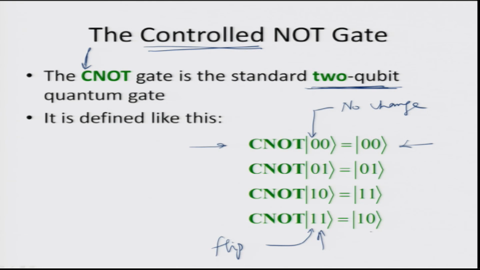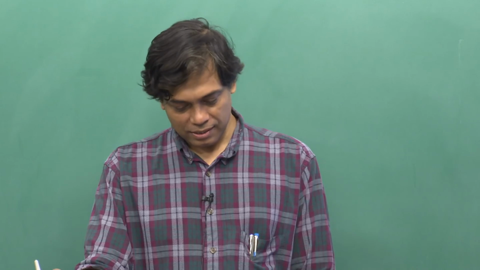So, that is why it is a control NOT. So, the state of the first, if it is going to be 1, will give rise to a flip. If it is going to be 0, it will not make any changes, right. So, that is why it is a control. The first bit decides as to whether it will act like a NOT gate or not. So, that is why it is a control NOT.